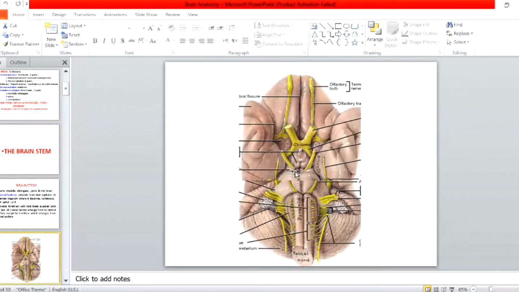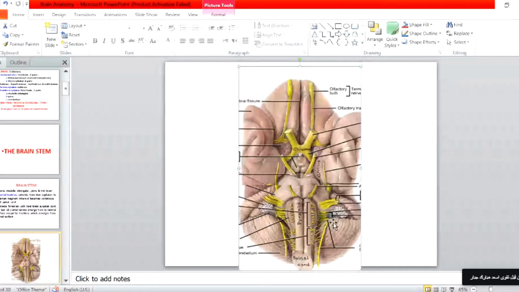Then this small part, which contains this minute opening and this nerve arising from it, is the midbrain or the mesencephalon. The rest which remains is the rhombencephalon or the hindbrain, formed of 3 parts. This is the pons, and here is the medulla oblongata, and this is the cerebellum.